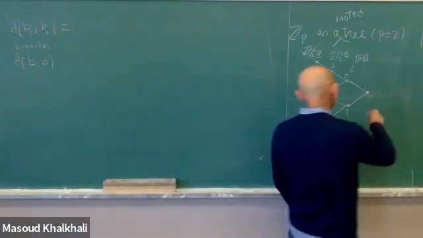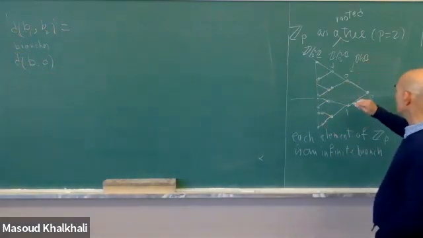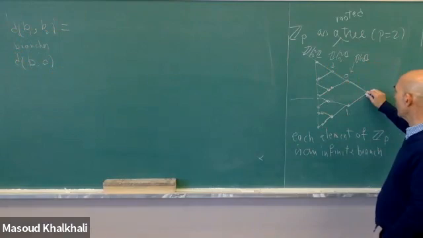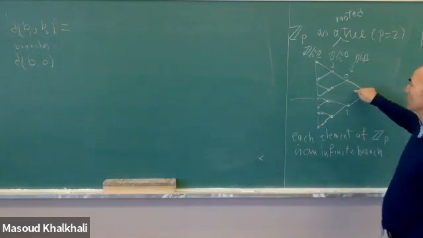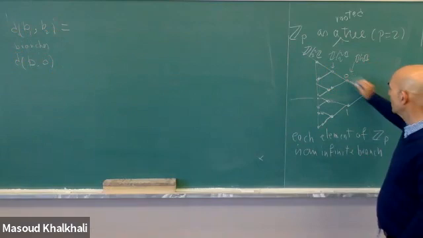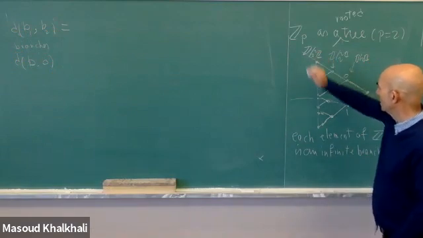Well, you just look at the first place that your branch starts differing from the zero branch. This is the zero branch, right?